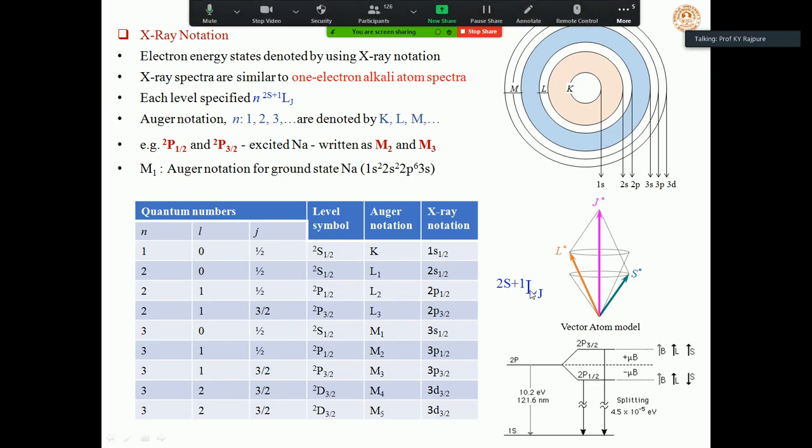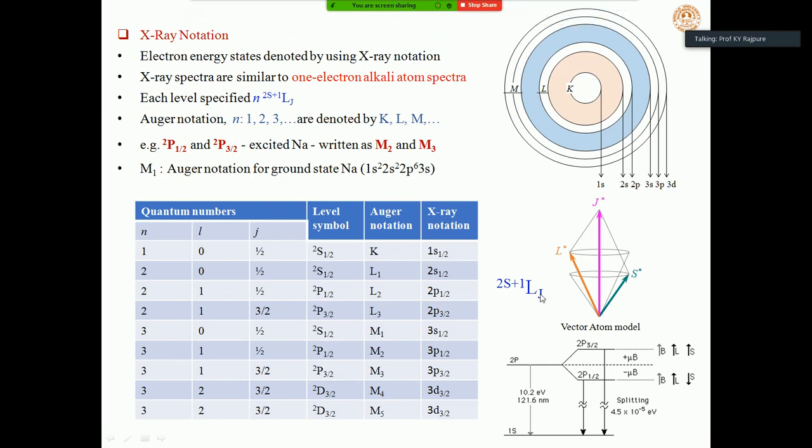It is designated by a level symbol as S, P, D and F, capital letter, and J is the resultant quantum number. S is the spin quantum number, and this factor gives you the multiplicity, whether it is singlet, doublet, quartet, quintet, septet, etc. So here we consider only doublet, because we assume that only one electron is there.